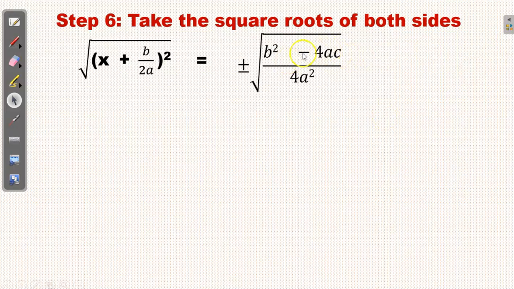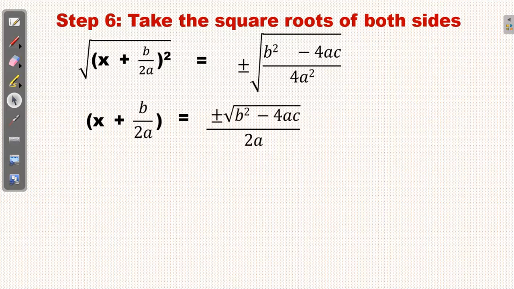Now, it's not possible for us to get the square root of our numerator in this case, but we can get the square root of the denominator because the denominator is a perfect square.